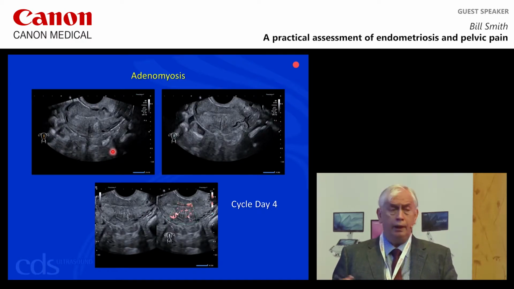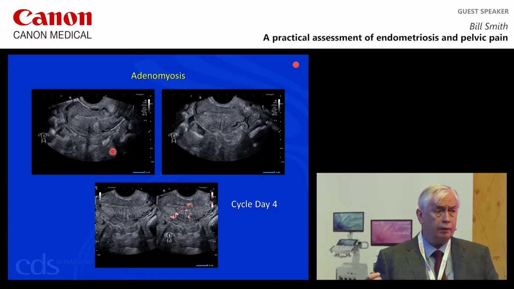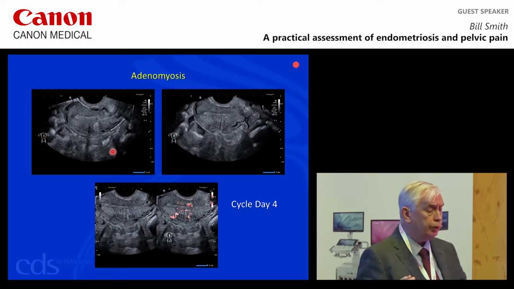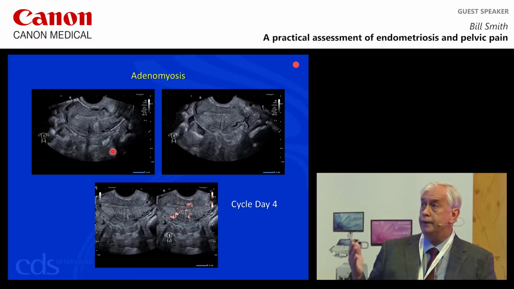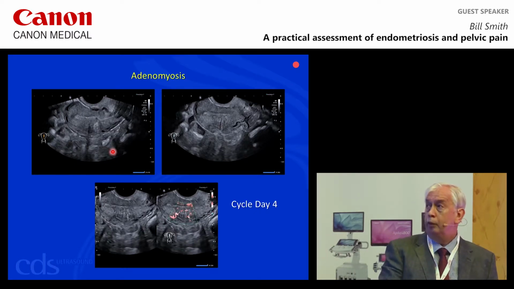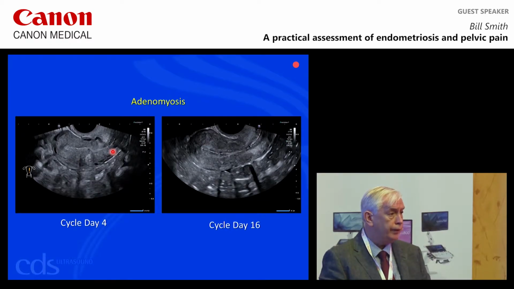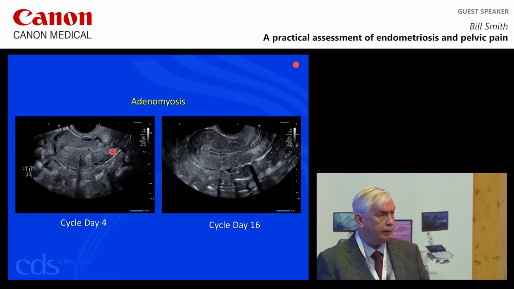Now, an interesting feature of adenomyosis, and it's logical when you think about it, is that if you have good grayscale and you look at the myometrium, obviously you can see the changes there. But if we compare those changes halfway through the cycle, they aren't there.